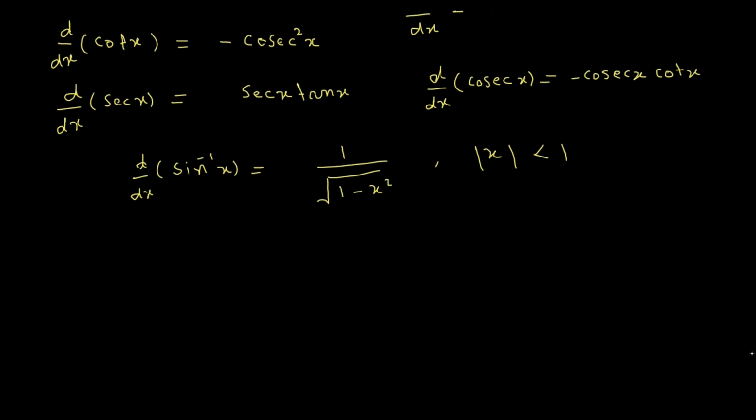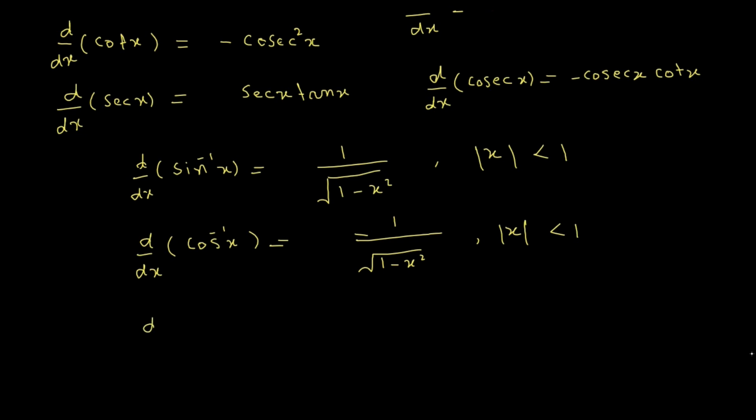In the similar way, d by dx of cos inverse x is equal to minus 1 over the square root of 1 minus x square, and of course here the condition on the absolute value of x must be applied.